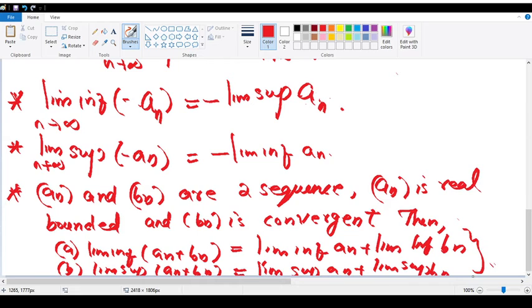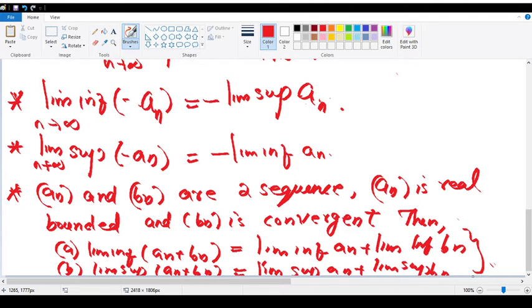There is a proof, but you just study this statement; you don't need to study the proof. So an and bn have two conditions: an is bounded and bn is convergent.